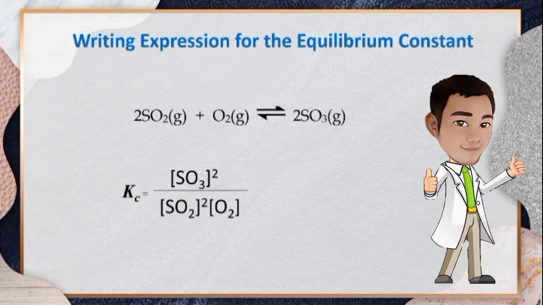The symbol c in Kc indicates that the units for the reactants and the products are those in concentration, which is usually in molar concentration. For some equilibrium reactions, the Kc has no units.